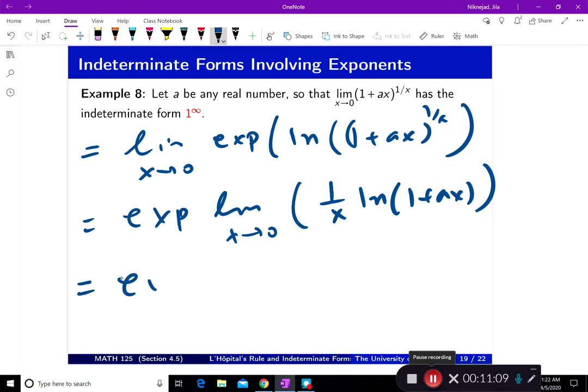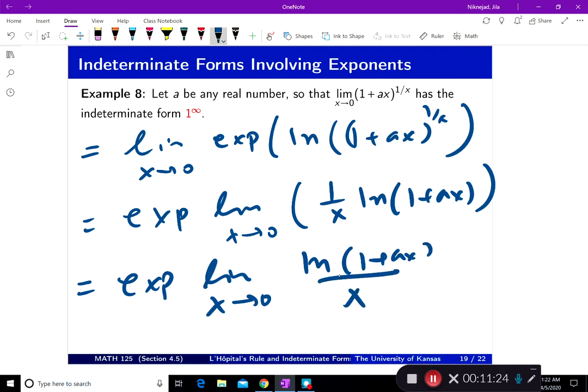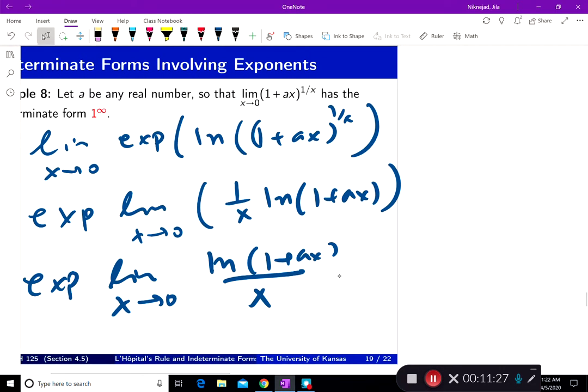This one is a little easier because writing it as 0 over 0 is very natural. And I get natural log of 1 plus ax over x. This time around, it's 0 over 0.